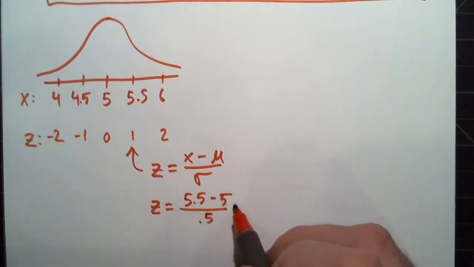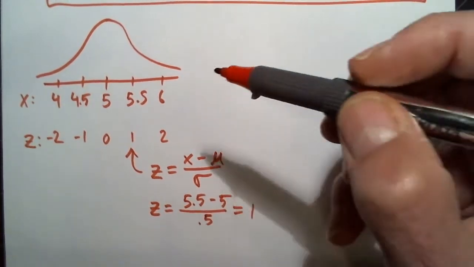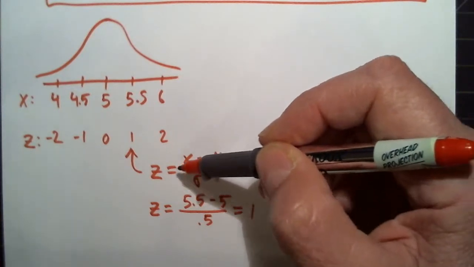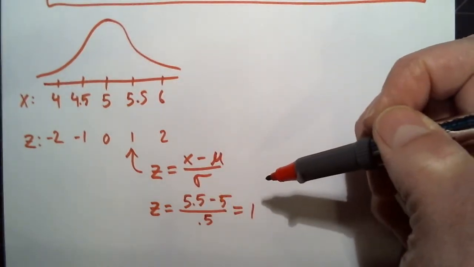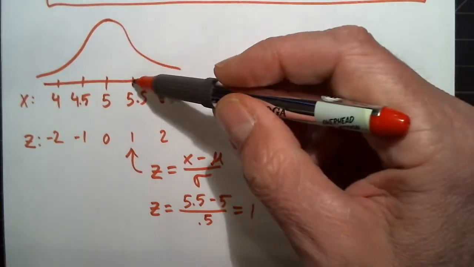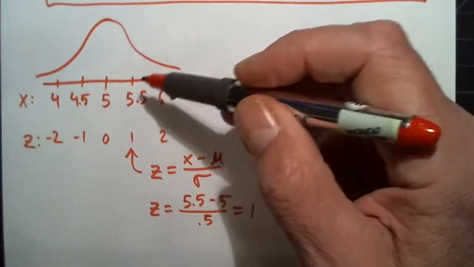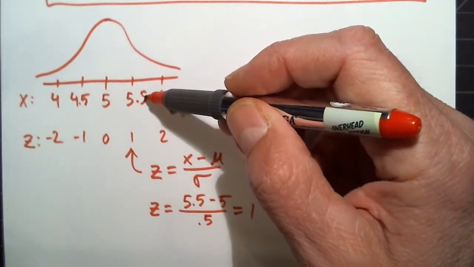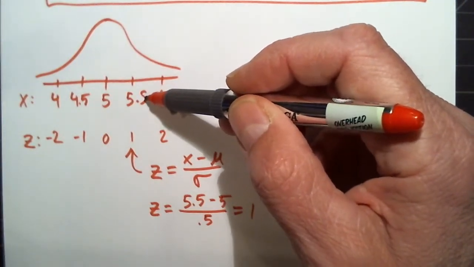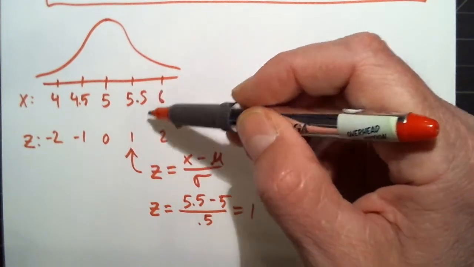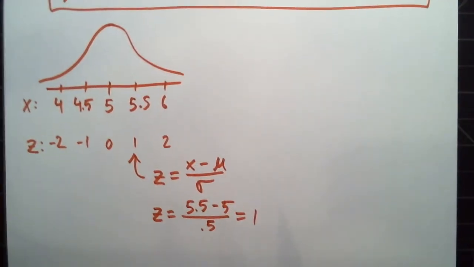So we get 0.5 over 0.5 and we get 1. This formula allows us to convert from x values to z values, which is necessary if we're not just counting by standard deviations. This was easy because we're counting by standard deviations, but if I had some value of 5.7 that I had to convert, it wouldn't be as easy to just match them up like that.